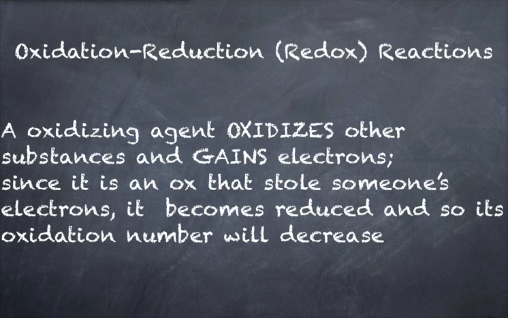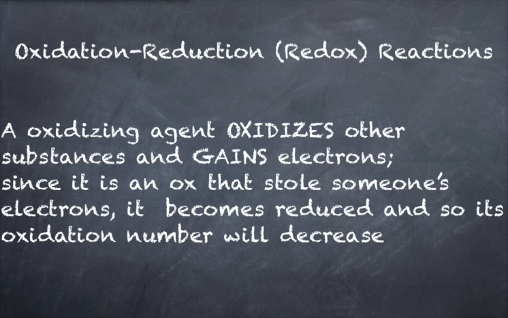The other one, the oxidizing agent, oxidizes another substance and gains electrons. So it's becoming reduced itself, gaining an electron, but it's oxidizing the other. Whatever is becoming reduced is oxidizing the other.